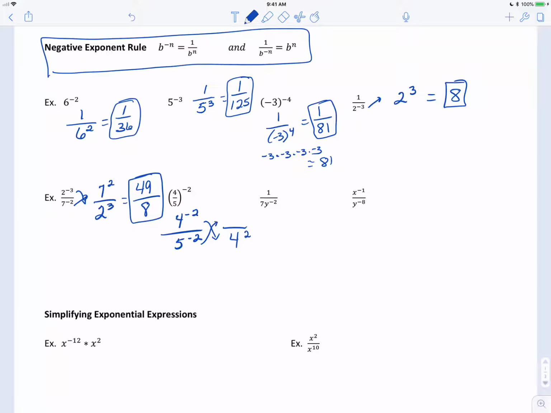But we also have to move that 5 to the top to become positive. So that makes 5 squared over 4 squared.